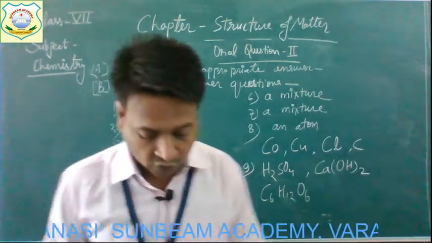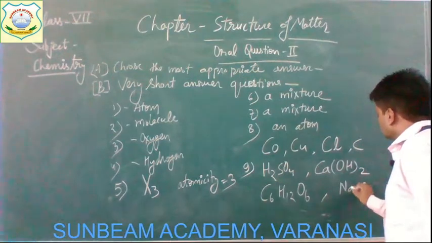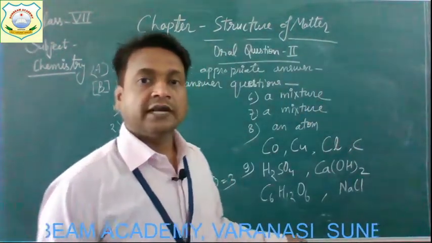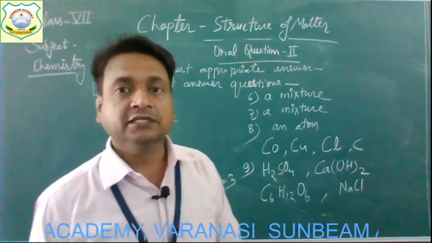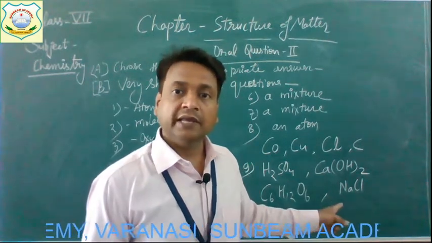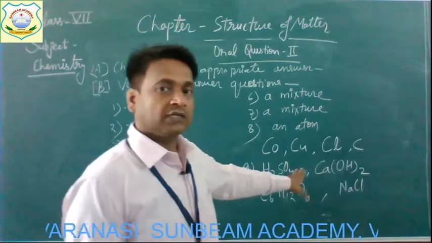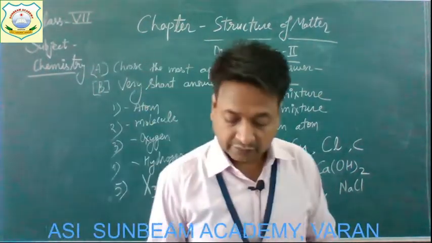C6H12O6. Now the fourth one is common salt. The common eating salt is NaCl, sodium chloride. So sodium chloride is the chemical name of common salt and its formula is NaCl. Okay, children? So all the formulas of the compounds are given here. Now question number 10.